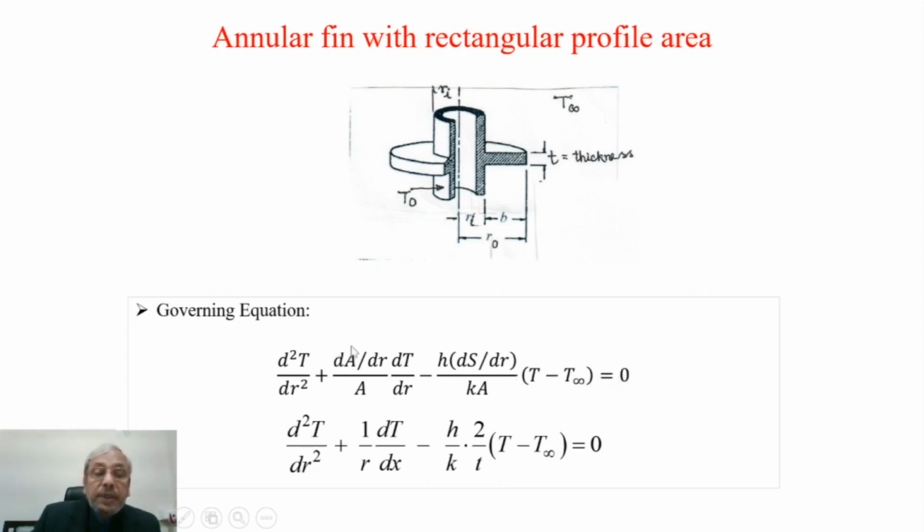Now if we substitute our (dA/dr)/A and (dS/dr)/A, we will get d2T/dr2 plus 1/r dT/dr minus h/k times 2/t (T minus T infinity) equal to 0.